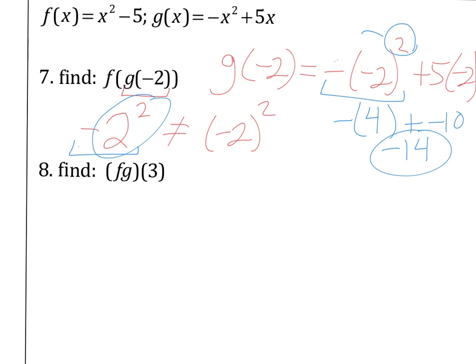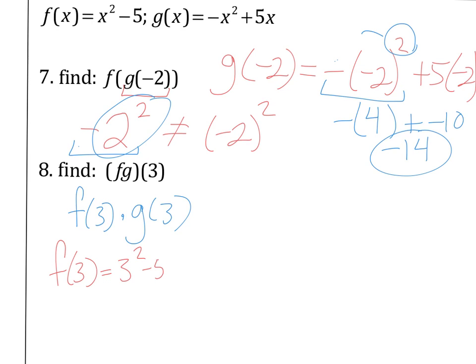For number 8, fg of 3 really means f of 3 multiplied by g of 3. So I can find those two things separately. F of 3 is going to be 3 squared minus 5, and that's 9 minus 5, which is 4.